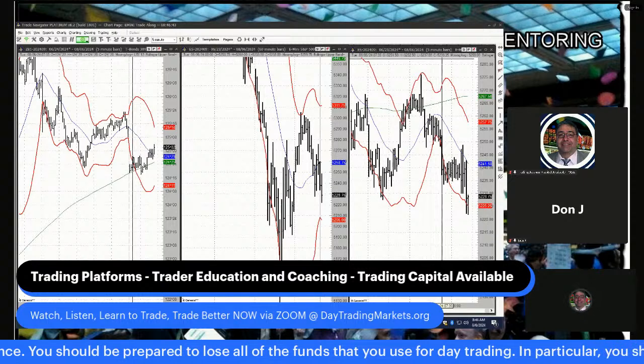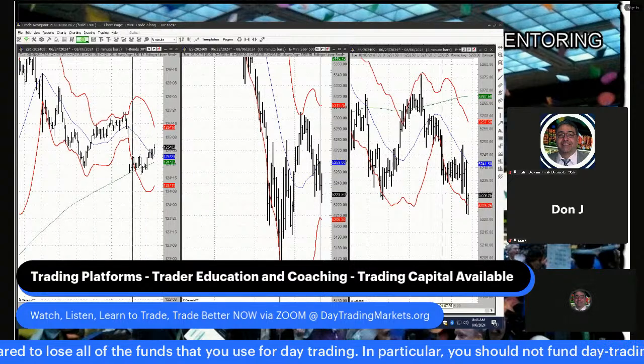A little resistance up there around the 42 area, at least for the time being. That could change.